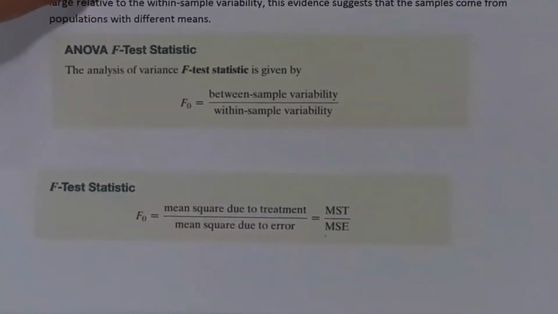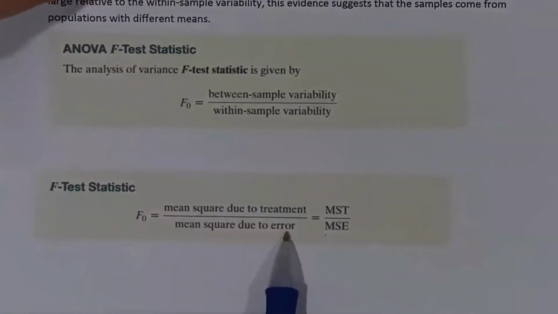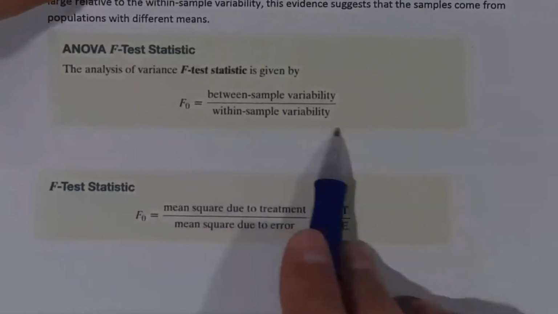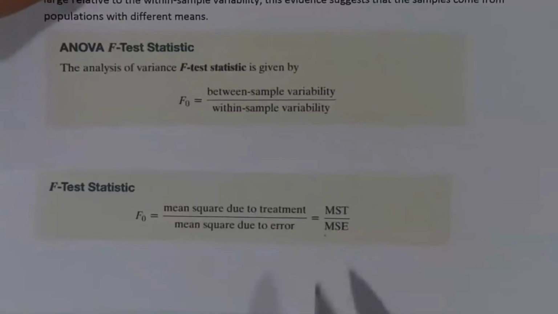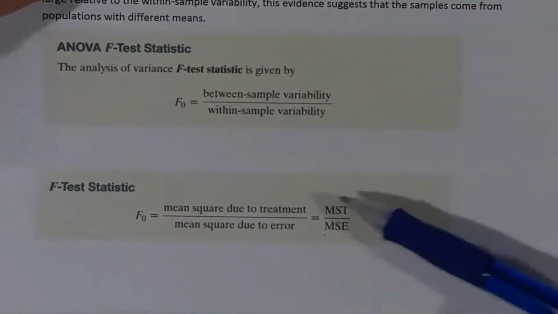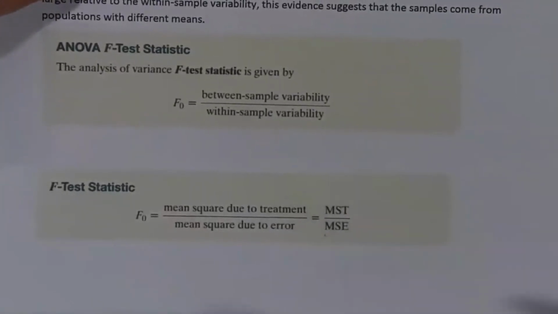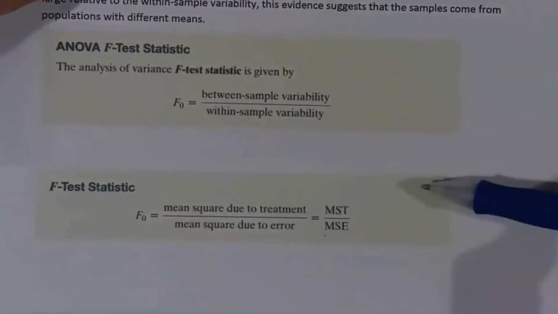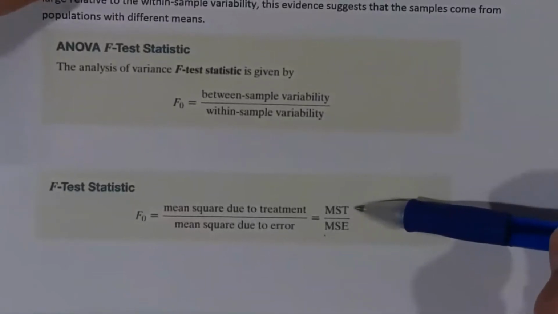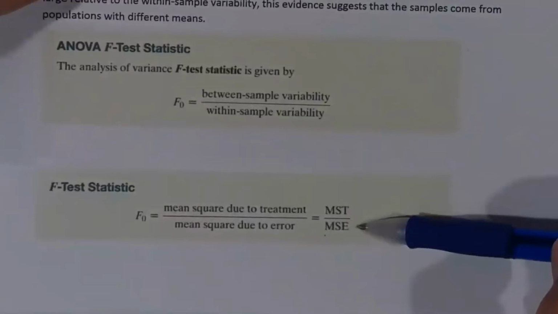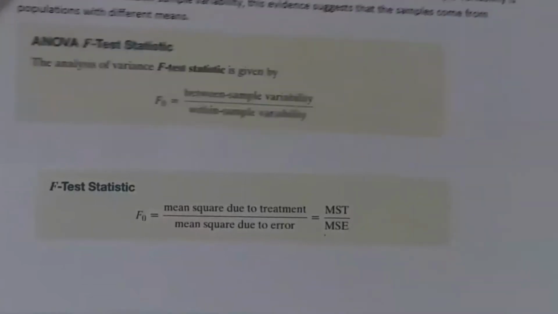It's the variability between the different samples. And then the mean square due to error, that's the within sample variability. So really, the way we're calculating the F-test statistic, the way we're calculating F0 is by taking the MST, the mean square due to treatment, and dividing it by the MSE, the mean square due to error.